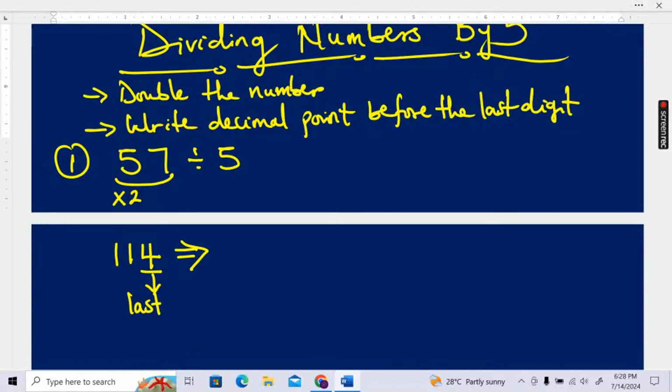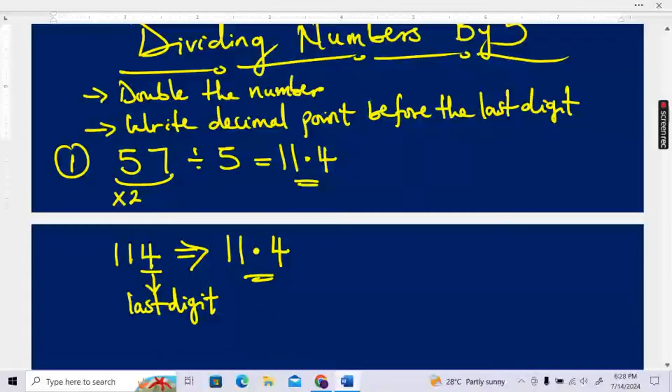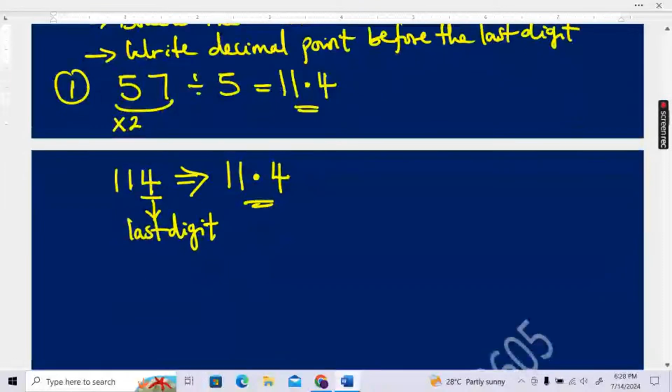So before the digit 4 in this number, introduce a decimal point. 11.4. So 57 divided by 5 is equal to 11.4. The rule is double the number and introduce a decimal point before the last digit on the right.